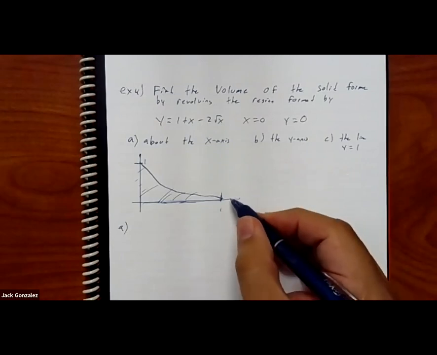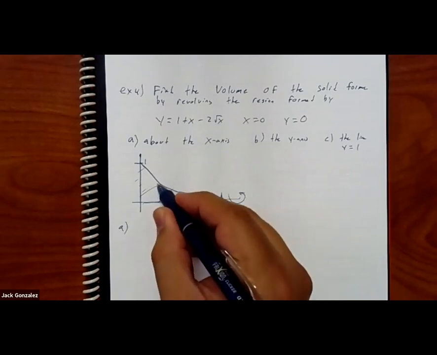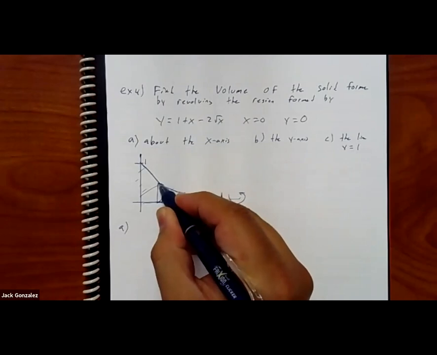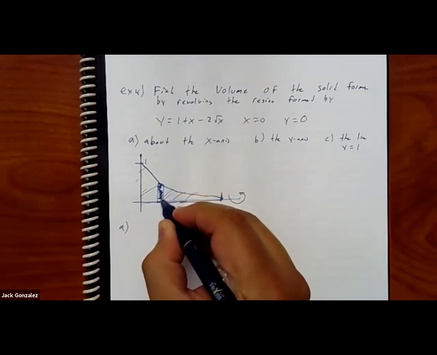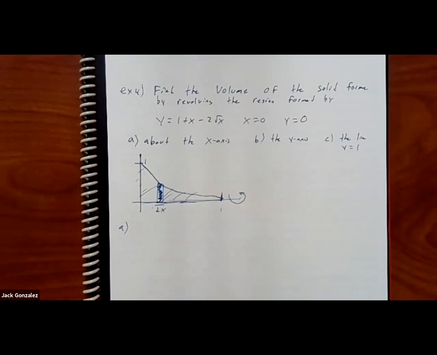So if I'm revolving this way for part A, that means that I want to slice this way, right? Which allows me to do dx. But the rules say that if I'm going to slice perpendicular to the rotation, I must use disk.